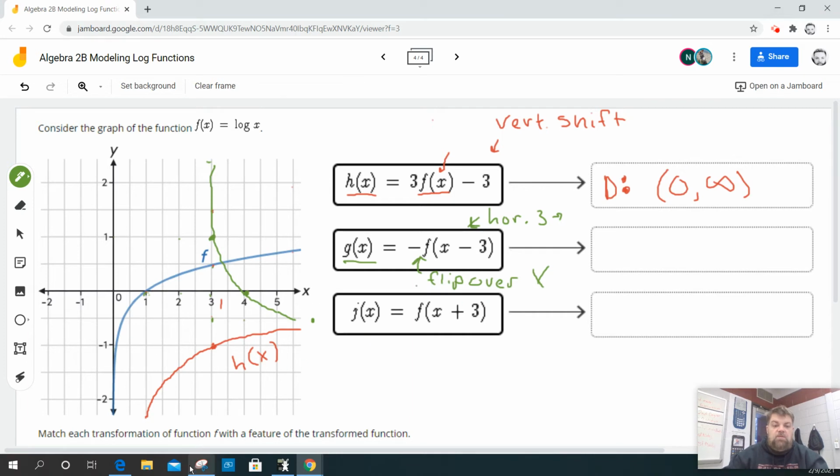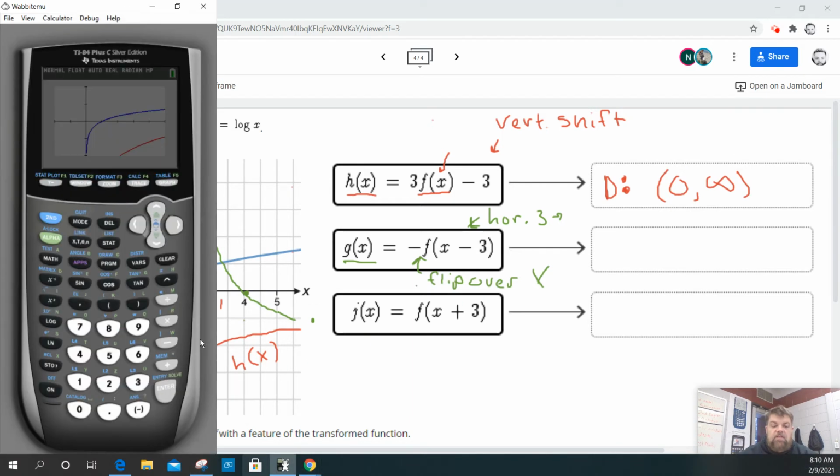So one way to find out is I'm just going to graph it. So I'm going to come in here and I'm going to say the negative, and then I'm going to say log of x minus 3 and graph it. See how that worked? Now, this line goes on forever up this way, but the calculator struggles with it.